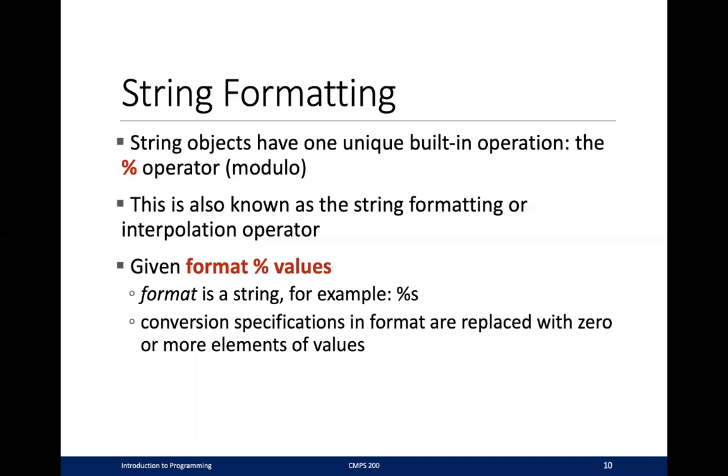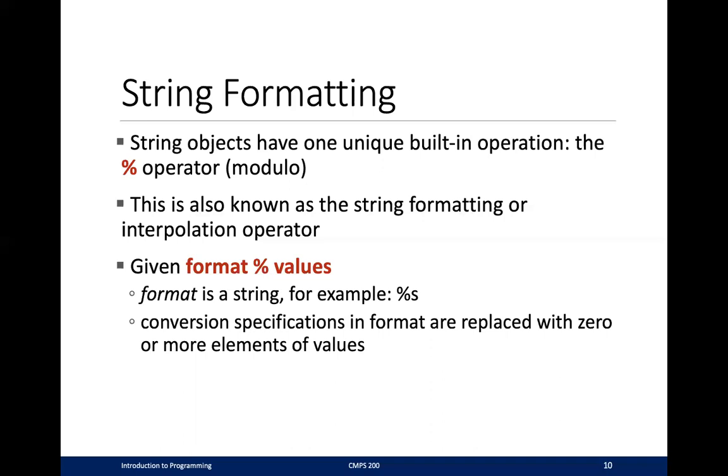Now, for string formatting in Python, there is one unique built-in operation for strings, which is the percentage operator. Remember, we use this as modulo, to get the remainder of a division operation for integers, but we also use it with strings, and it's referred to as string formatting.